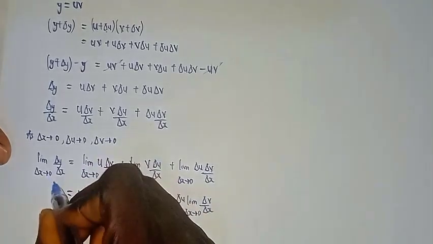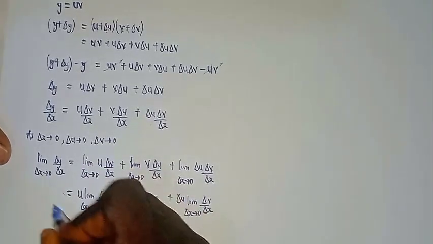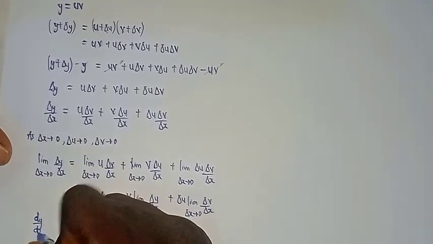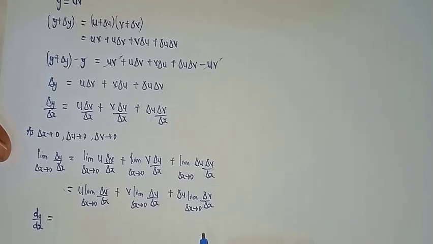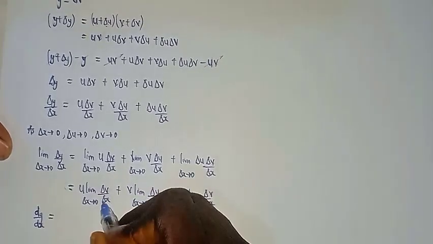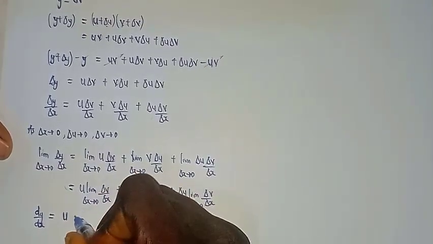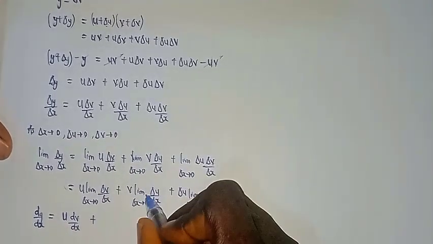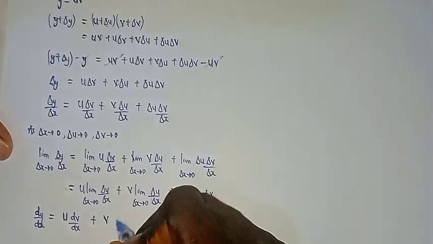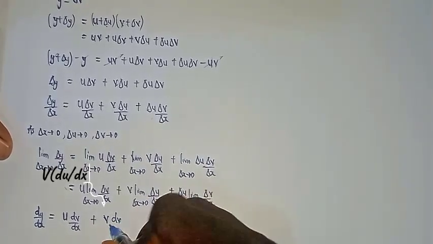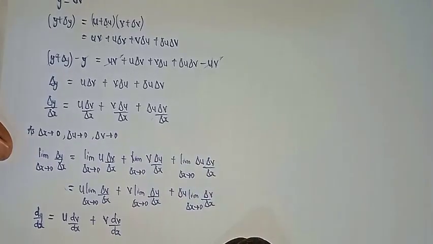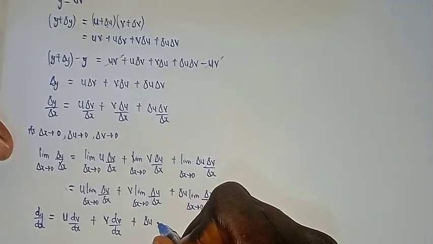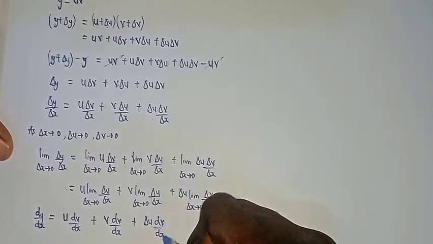So that means our left hand side becomes dy over dx, and then our right hand side becomes this u dv over dx plus, now this is v, limit of this becomes du over dx, plus delta u dv over dx.